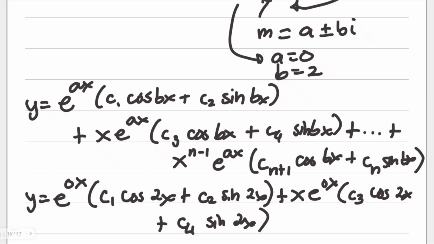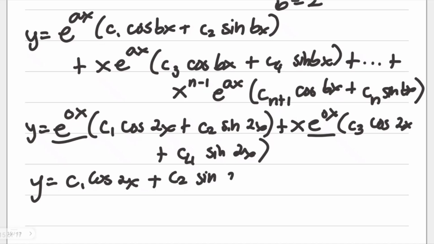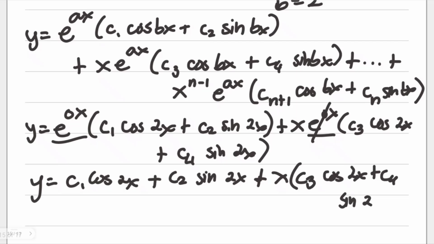We end up here because we only have multiplicity of 2. Since e to the power of 0x is just 1, you have the final answer: c sub 1 cosine of 2x plus c sub 2 sine of 2x plus x times c sub 3 cosine of 2x plus c sub 4 sine of 2x.